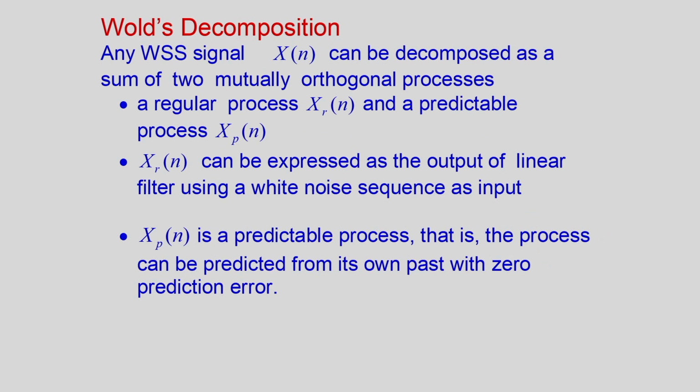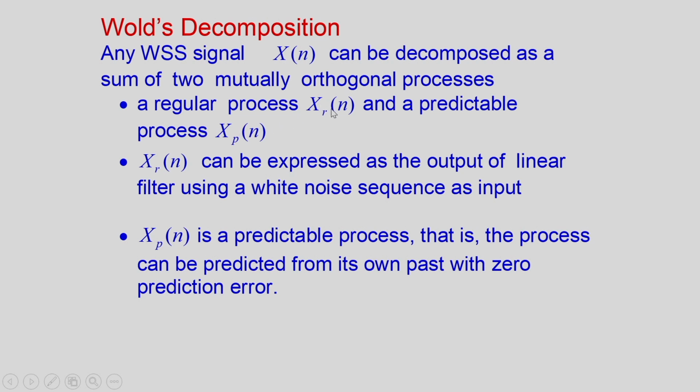For that, one important result is Wold's decomposition, which says that any WSS signal Xn can be decomposed as a sum of two mutually orthogonal processes. One is known as the regular process XR[n], where you can apply spectral factorization, and the other one is the predictable process XP[n], and both are orthogonal.